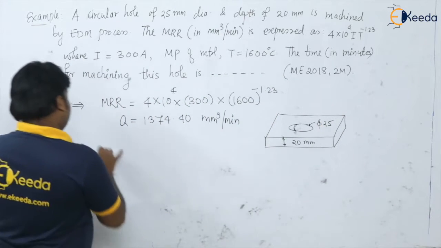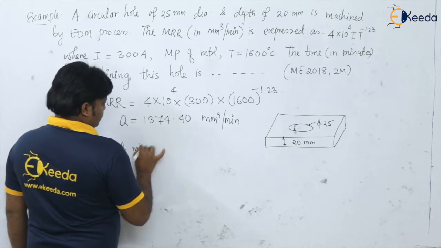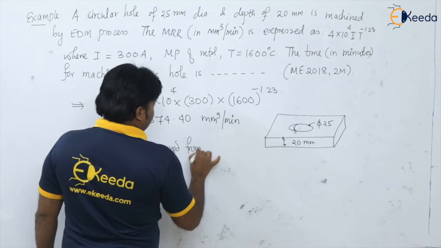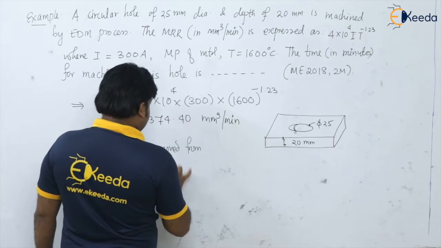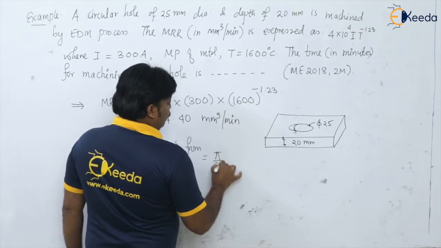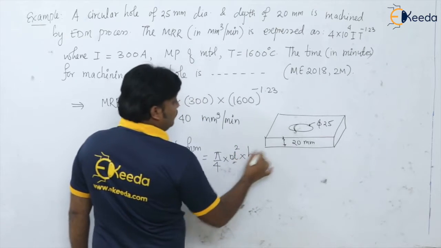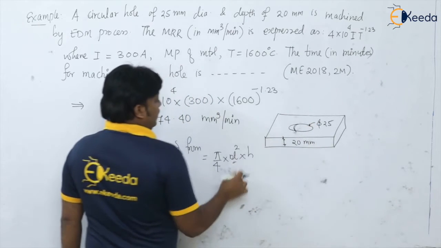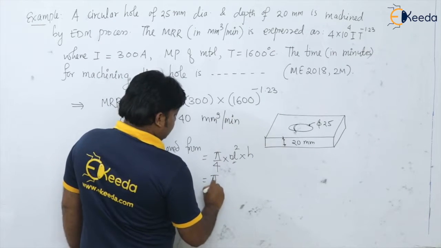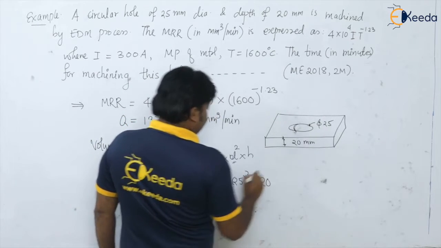So of course the volume of material removed from the plate is equal to what? Pi by 4 into d square into h. D is the diameter of this hole and h is nothing but the depth of the plate, that is pi by 4 into diameter 25 square into 20.